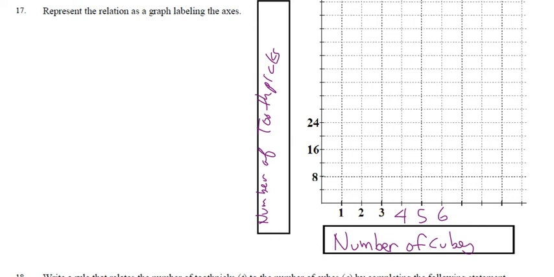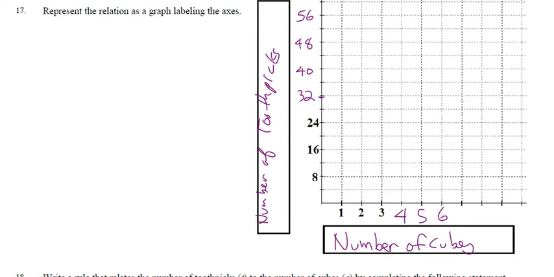So we need labels, right, to give us the information. We got cubes and toothpicks. What goes on this one? Is 32 good enough, or do I have to keep going? Got to keep going, right? And I think 56 is high enough, right?